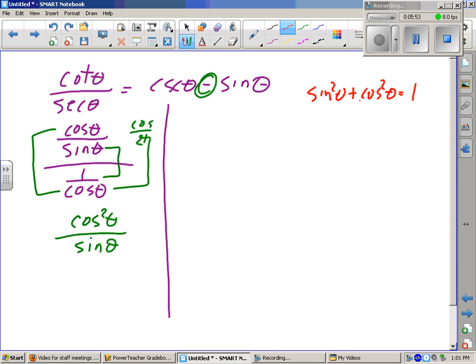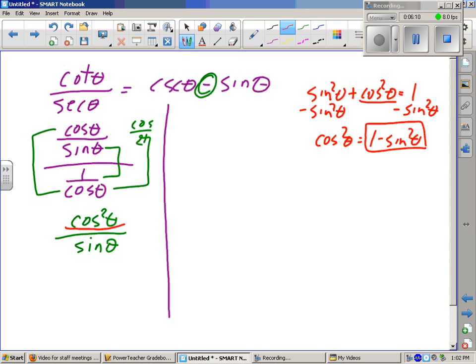Well, I have just cosine squared, so if I can isolate that by subtracting sine squared from both sides, I'll get cosine squared equals 1 minus sine squared. So I'm going to put this in place of this because that's what it equals. So this becomes 1 minus sine squared, and the bottom is just sine theta.